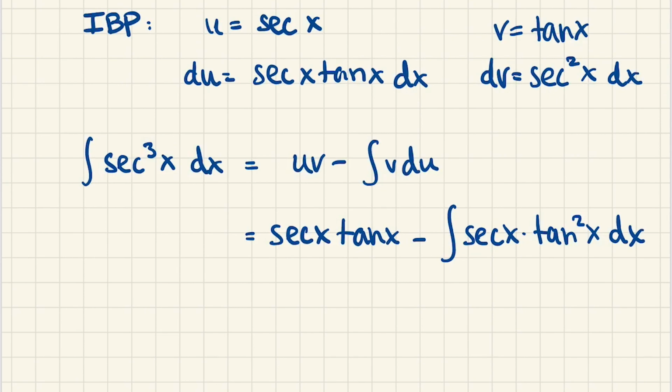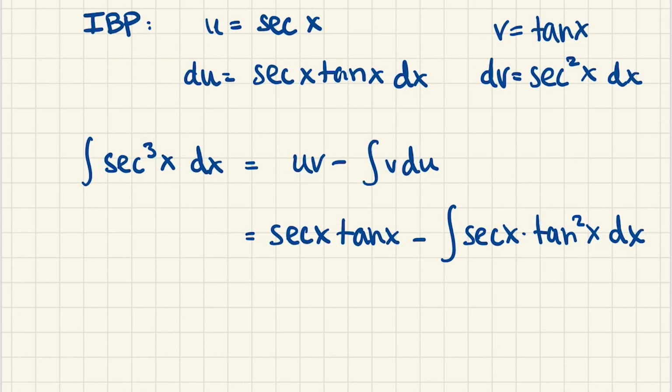Okay, well, we have a new integral here that we've punted to, and hopefully it's better than the one we just started with. Well, let's see. We have an odd power of secant. That's not great. And we have an even power of tangent. That's also not great. So the suggestion would be to use integration by parts and reserve secant squared, but we don't even have a secant squared now.